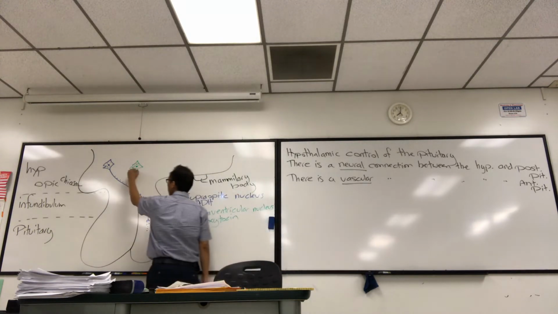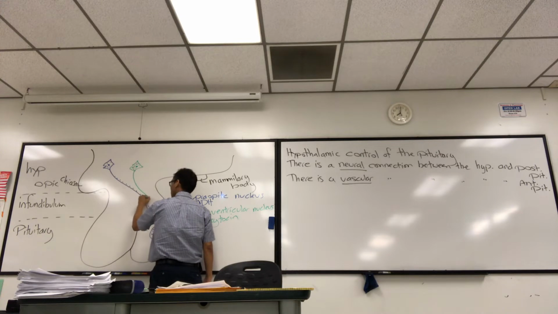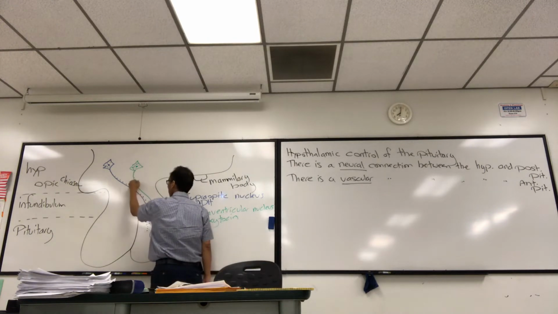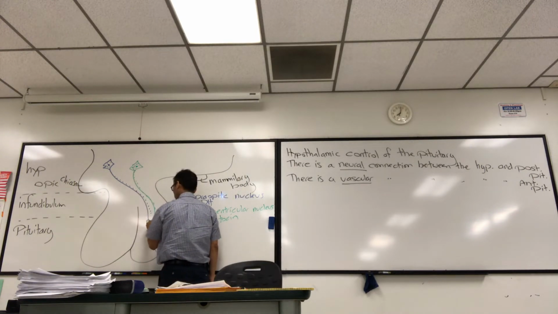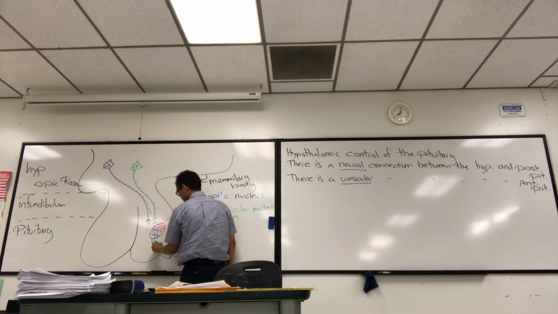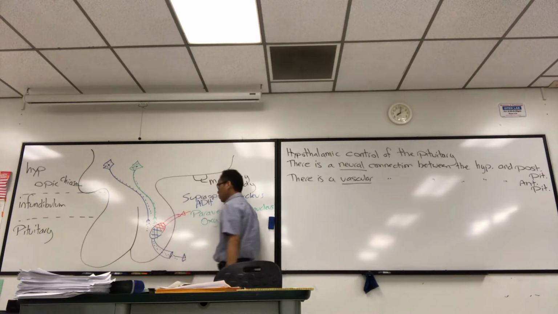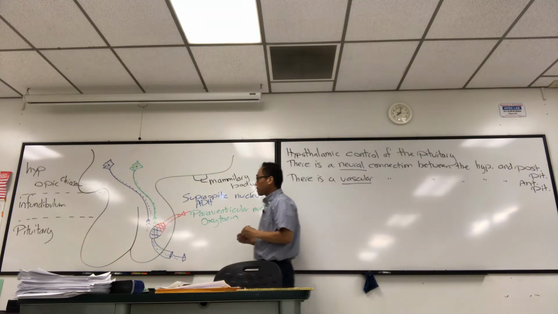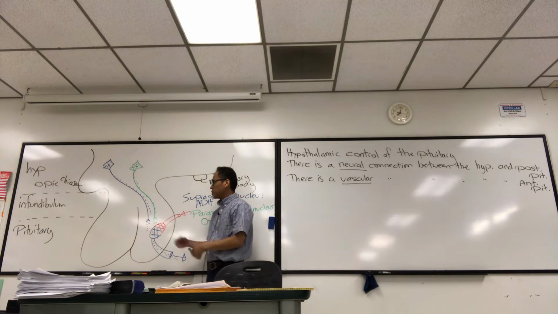There's an axon that will run down the infundibulum and terminate in the posterior pituitary, just like before, and it'll be released from there. So you've got ADH and oxytocin being swept away in the bloodstream there. Okay, and so the neural connection, I think you can see it, right?